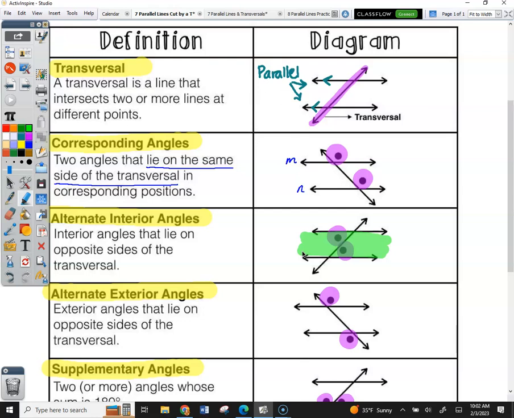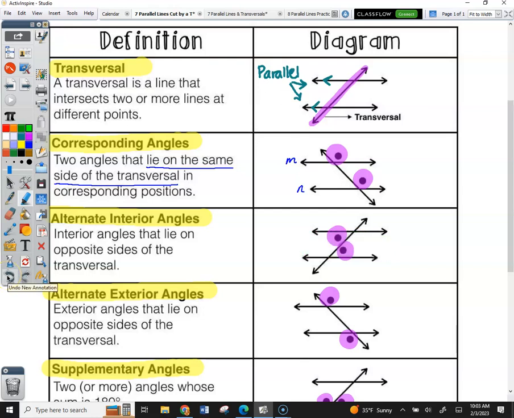Alternate implies what? Opposite. Notice that one is on the left of the transversal and the other one is on the right of the transversal. So those are called alternate interior angles. So look at it, wrap your mind around it. They're on the inside, but they're on opposite sides of the transversal.